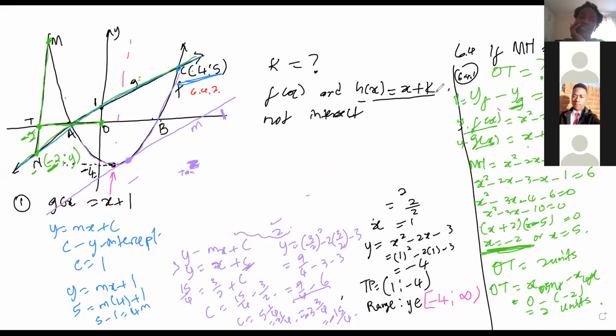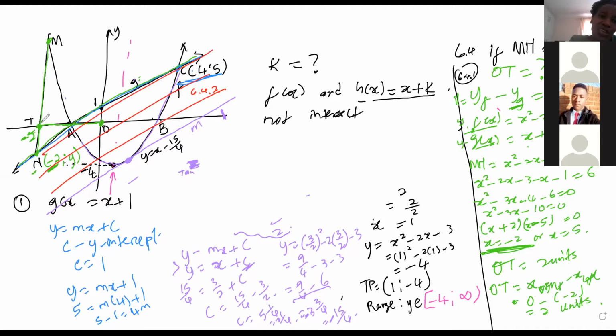So can you see the tangent? We just answered we have the equation of the tangent, which was y is x minus 15 over 4, right? So they're asking you now, which other line will not intersect with this graph? You see, if I were to draw a line here, it's going to intersect with the graph.